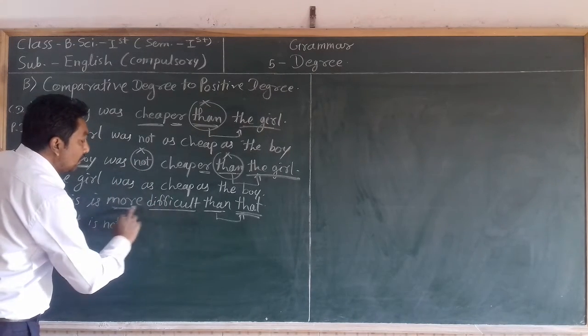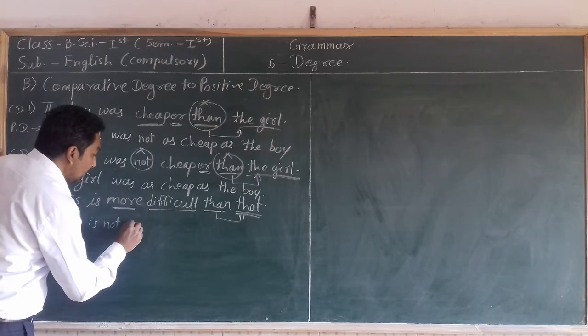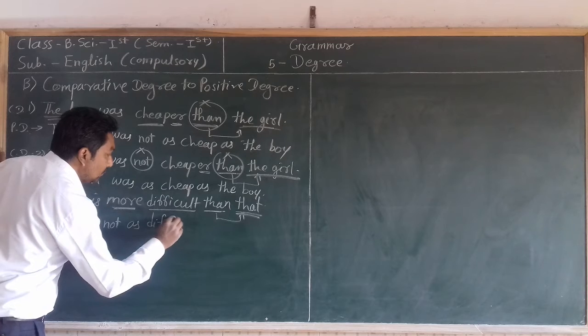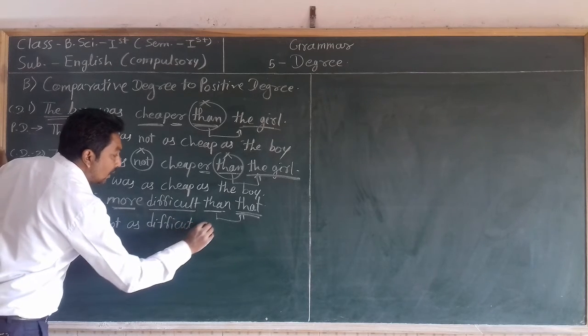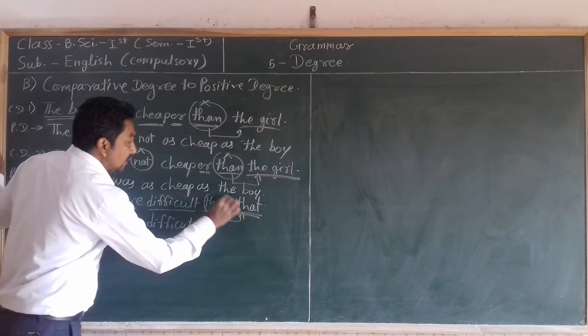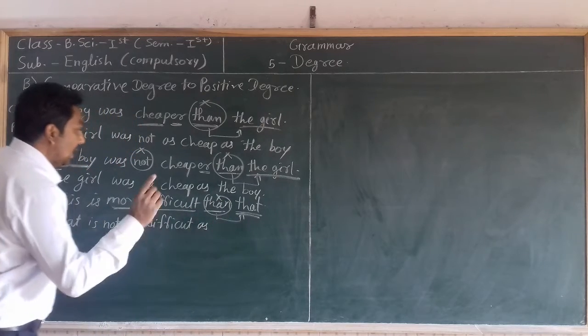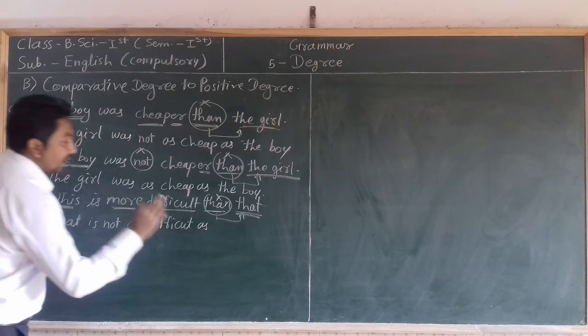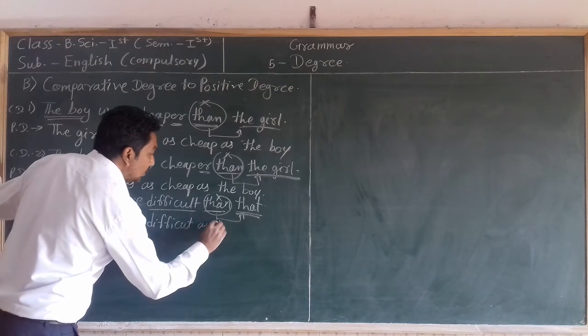The original form of more difficult is difficult. So we will take this between as. So it will be as difficult as. Then take out this word than from this sentence, and finally, write the subject of comparative degree as the object of positive degree.